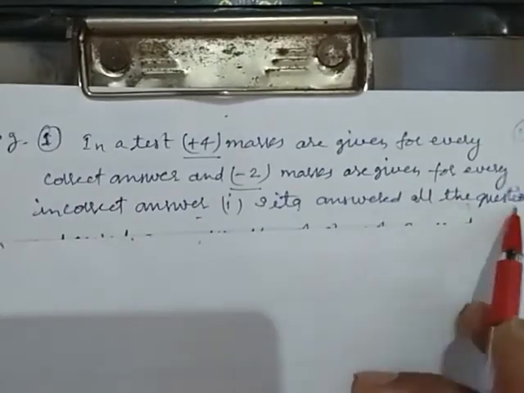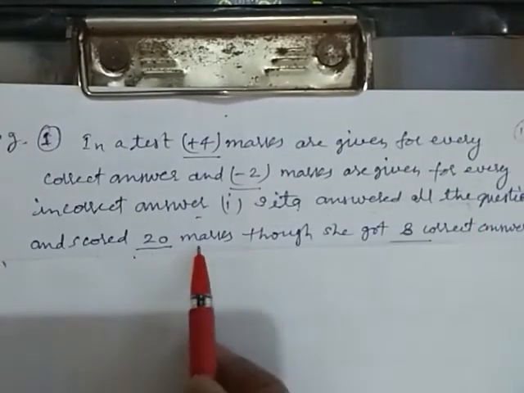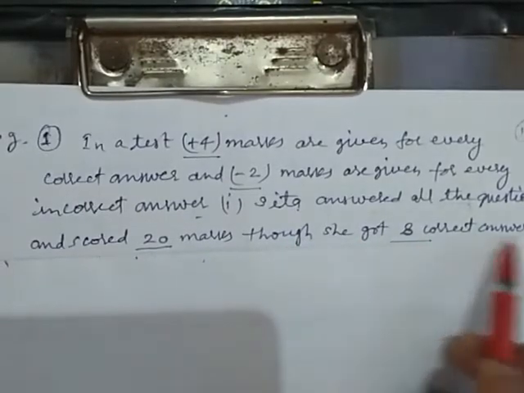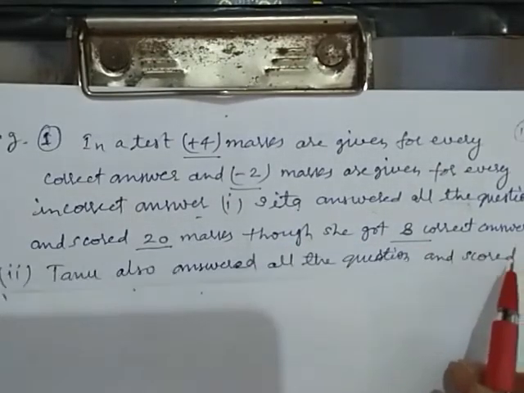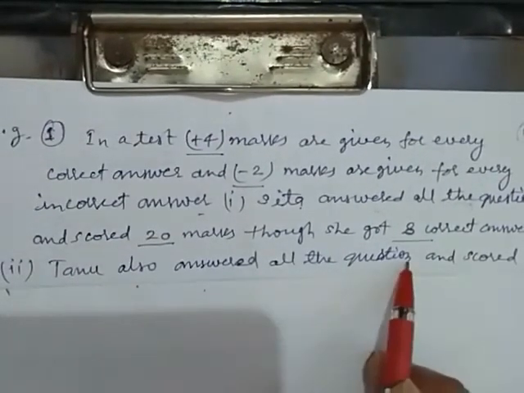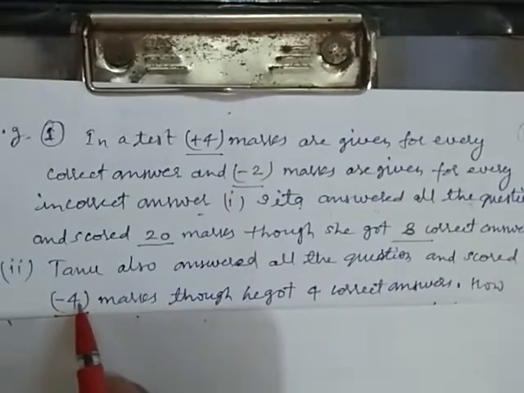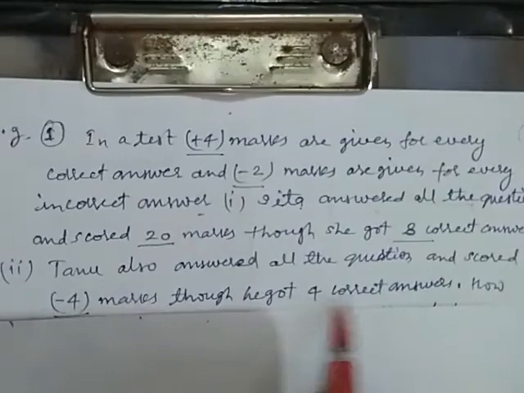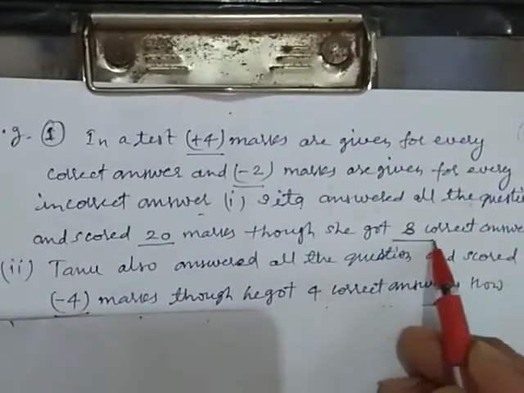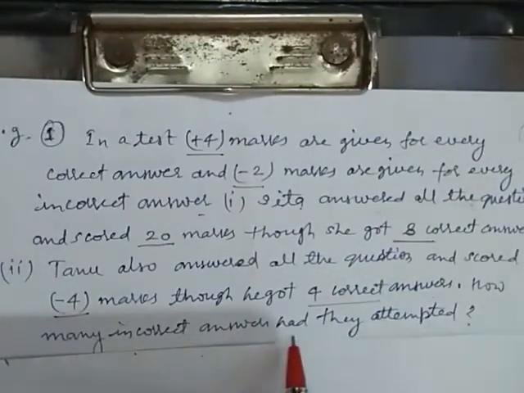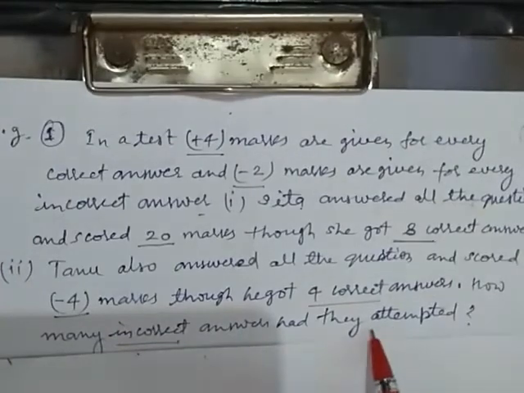Sita answered all the questions and scored 20 marks, though she got 8 correct answers. Next information, Tanu also answered all the questions and scored minus 4 marks, though he got 4 correct answers. Here 8 correct answers, here 4 correct answers. How many incorrect answers did they attempt? We have to find how many incorrect answers they attempted.